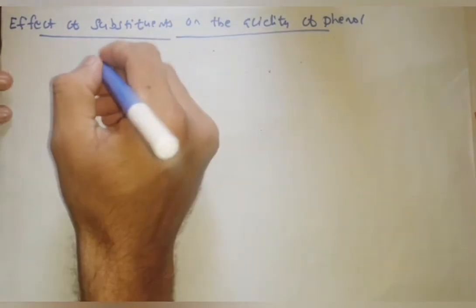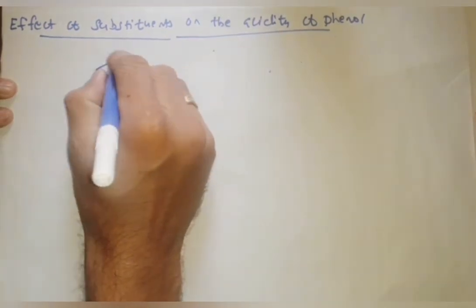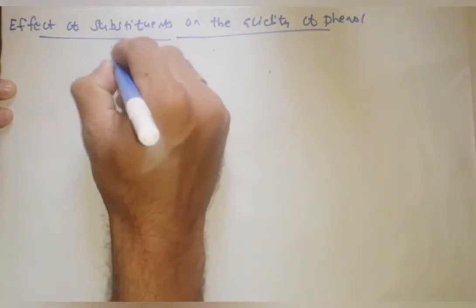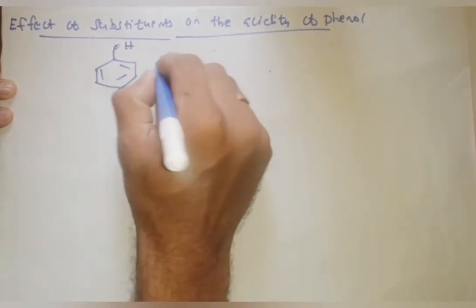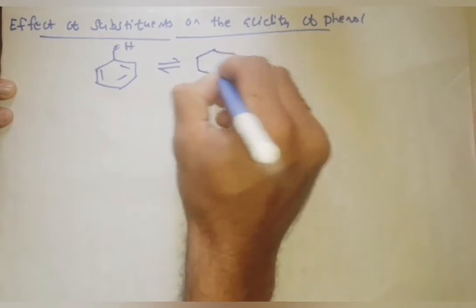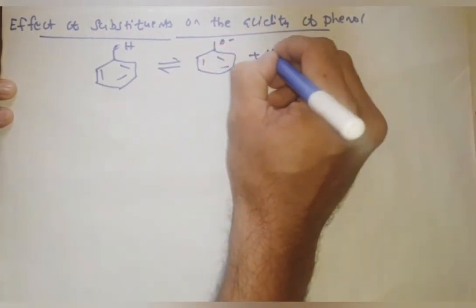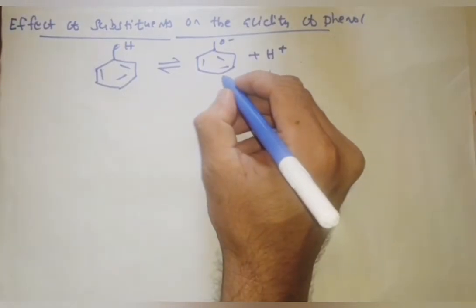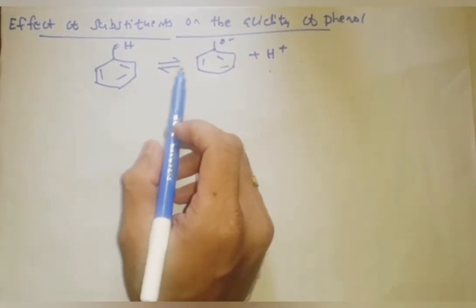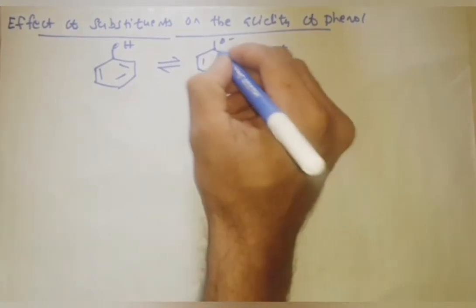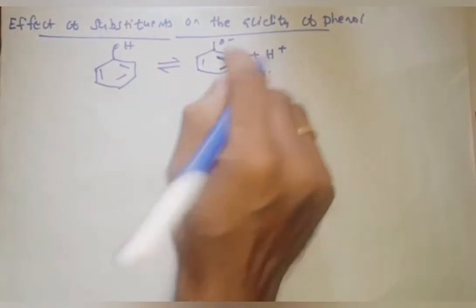Just take the ionization of phenol: phenol gives phenoxide, O minus, plus H plus. The acidity of phenol is due to the formation of stable phenoxide ion.